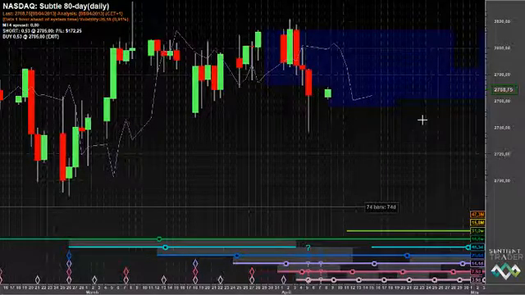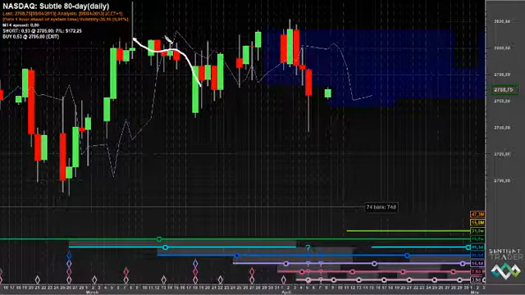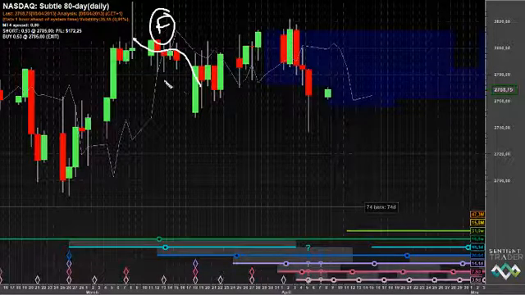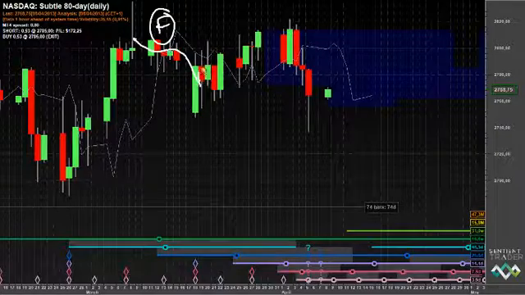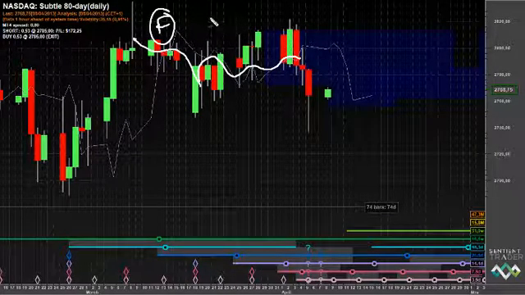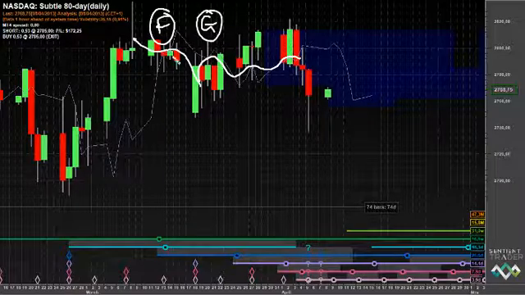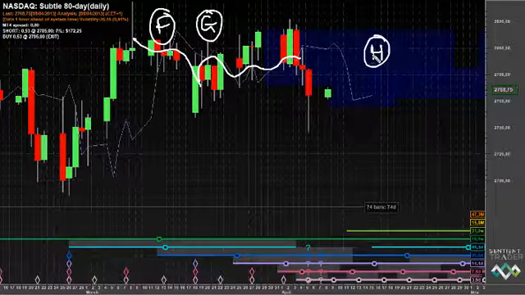However, there is the possibility, and it's a very reasonable possibility, that the F category trading opportunity occurred way back over here, and that what we've seen since then, as price has been tracking along the FLD, has been a G category interaction between price and the FLD, and that what we are in at the moment is in fact a short H category trading opportunity.